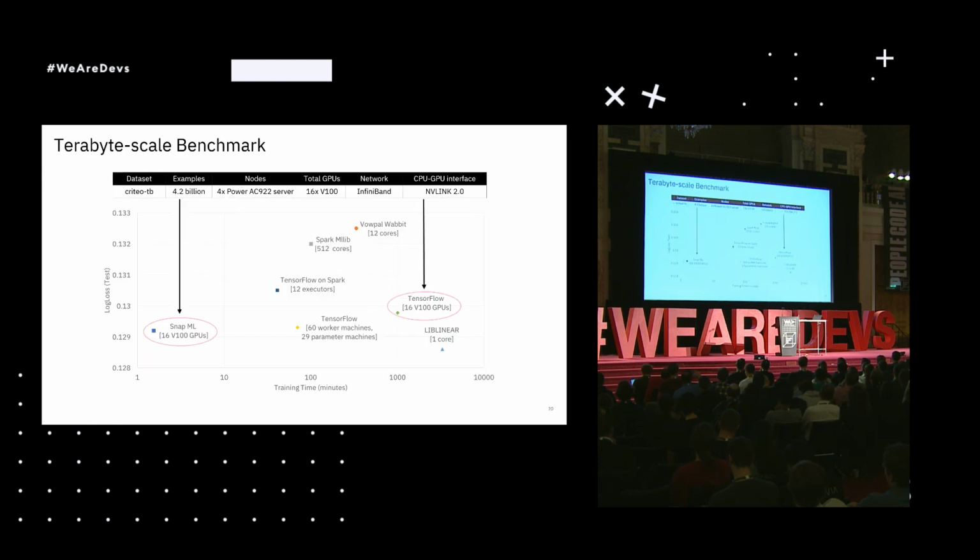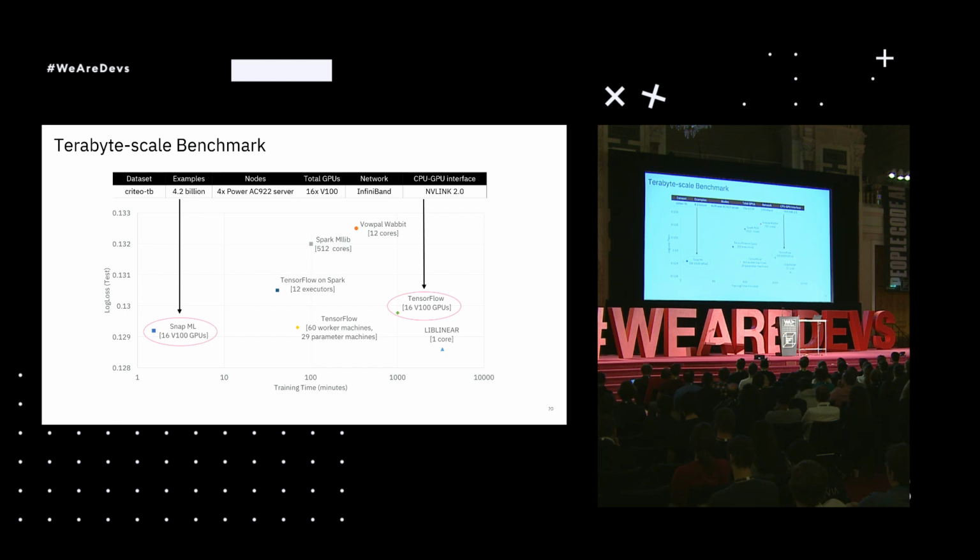And now let's see how it performs on very large data sets. As we said, here we use the whole 4.2 billion example data set. We train on 4 servers with 16 GPUs. Here we compare SnapML, again log loss, lower is better, training time in minutes. We compare SnapML using the 16 GPUs with TensorFlow on the same hardware. We get about 3 orders of magnitude difference.